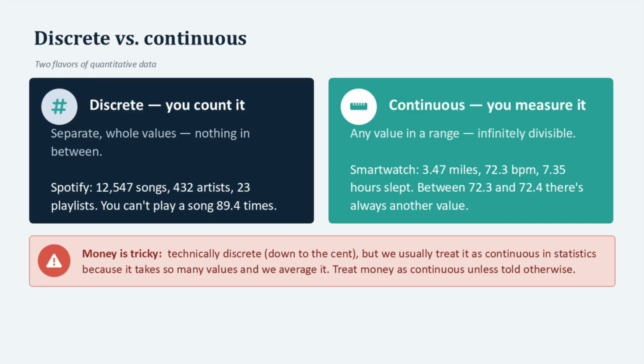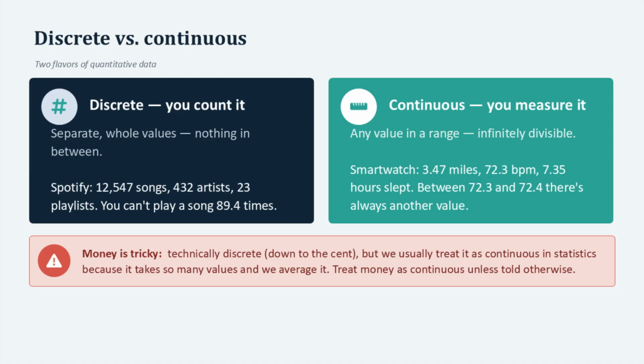Now look at the right side. Continuous data is data that we measure. It can take any value within a range. And in theory, it can be divided into smaller and smaller values. Take the smartwatch example. You walked 3.47 miles. Your heart rate is 72.3 beats per minute. You slept 7.35 hours.